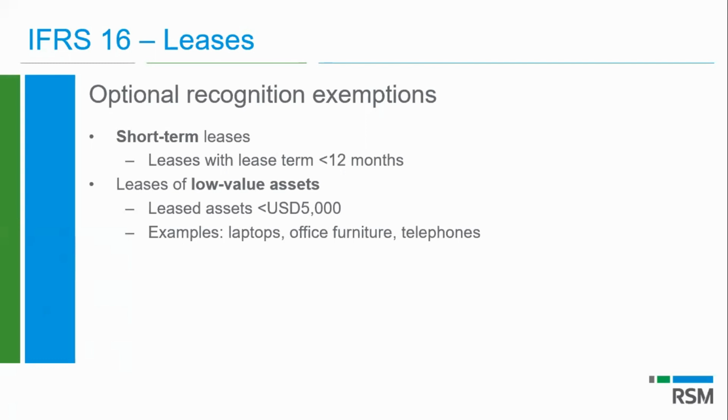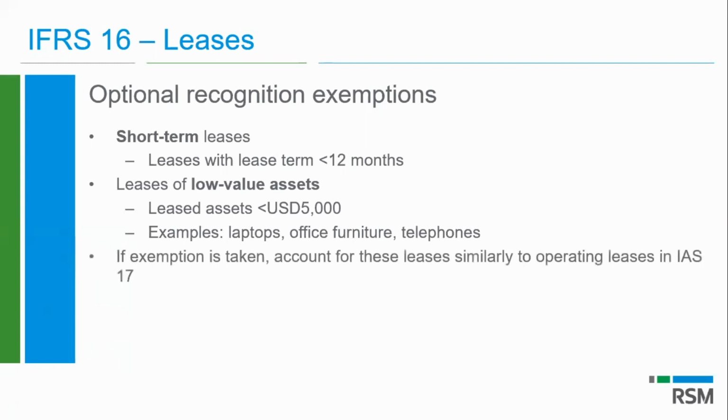Examples are laptops, office furniture, telephones. Assuming an exchange rate of 14 rand to the USD, it would be around 70,000 rand. For those leases, we would account for them as we currently account for any lease under IAS 17, simply recognizing the lease payments as an expense through P&L.